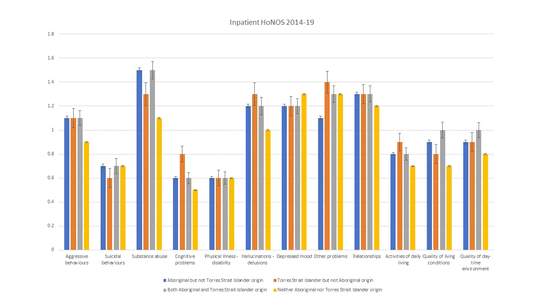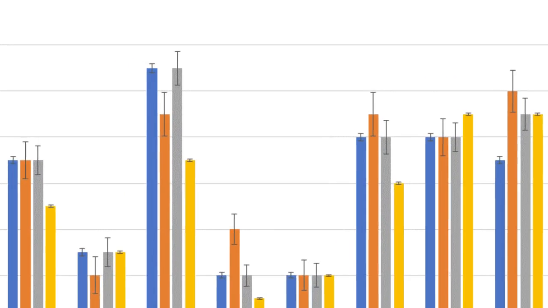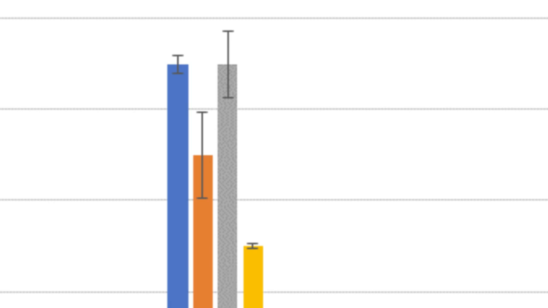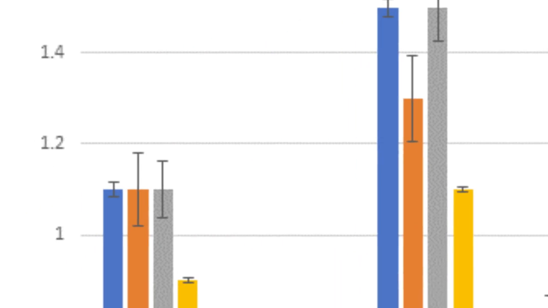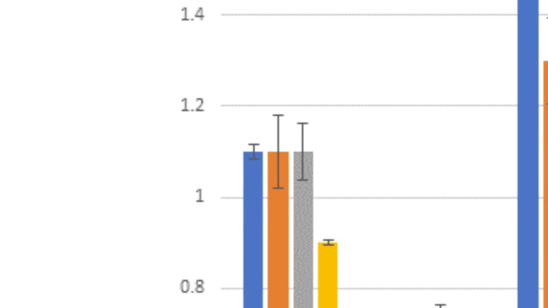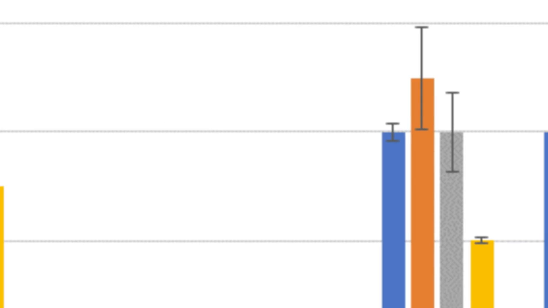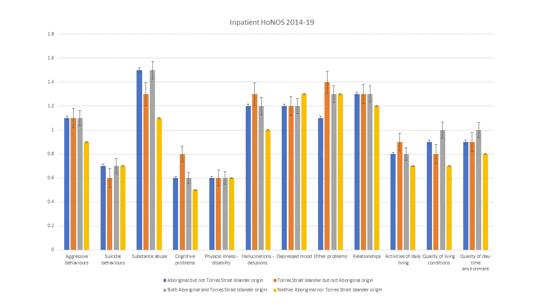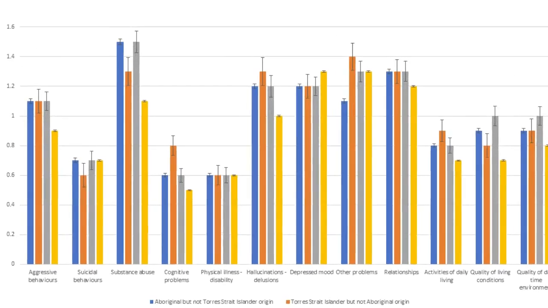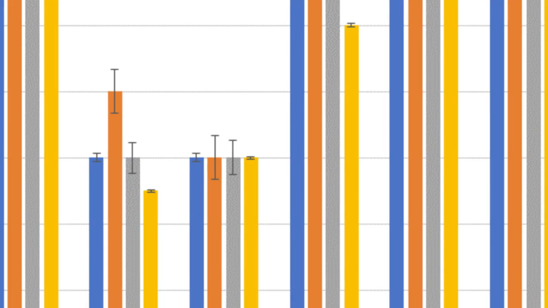The blue, orange, and grey bars represent Indigenous consumers. You can see that on average, Indigenous consumers have higher HONOS scores on substance use, aggression, and hallucinations and delusions. But there is no average difference in scores for physical illness and disability problems.